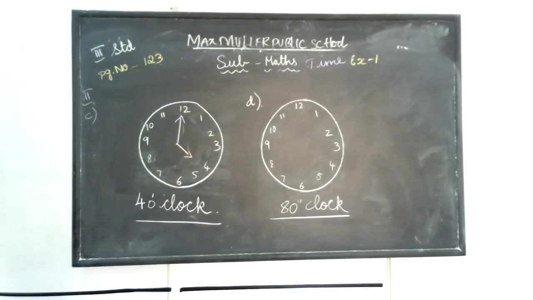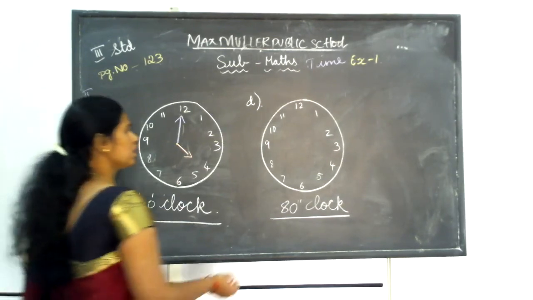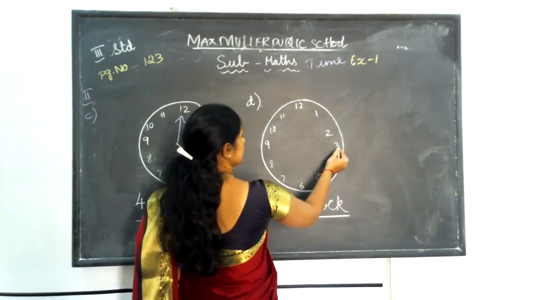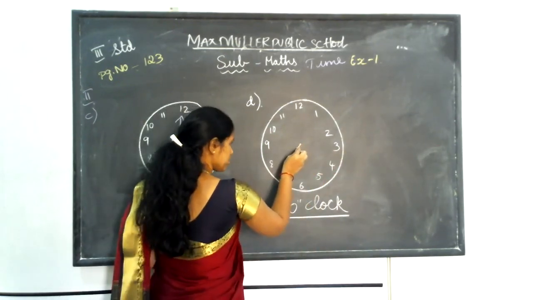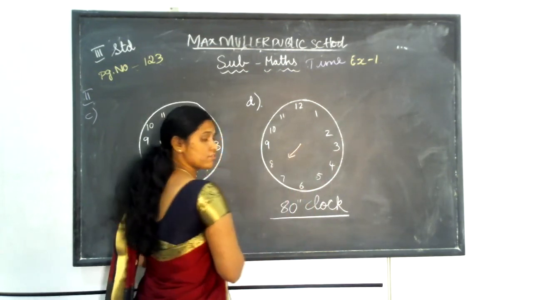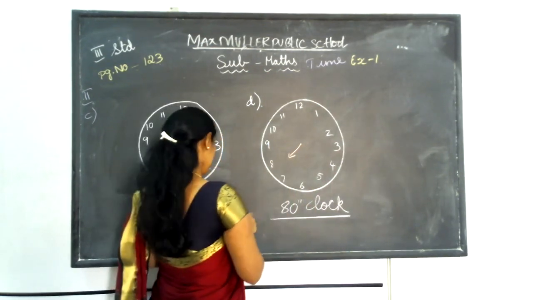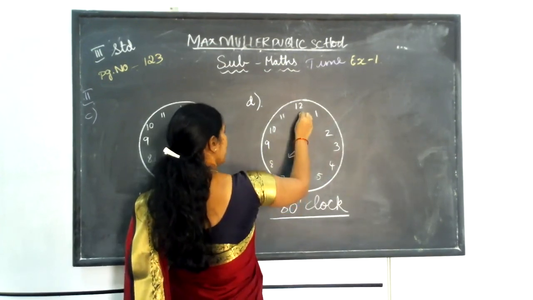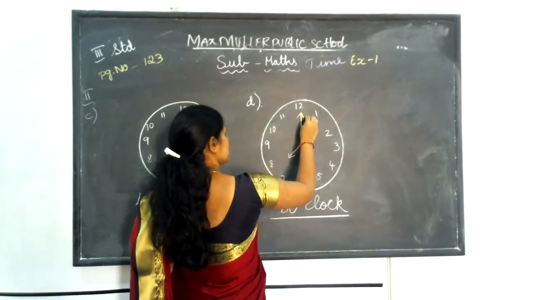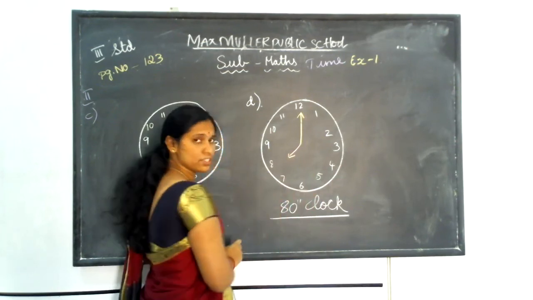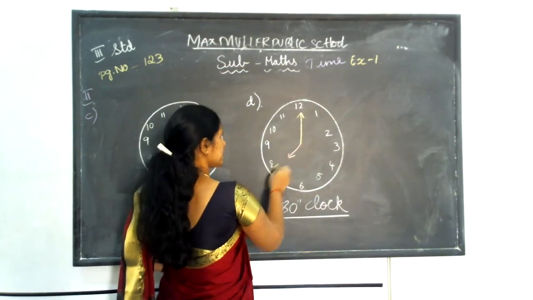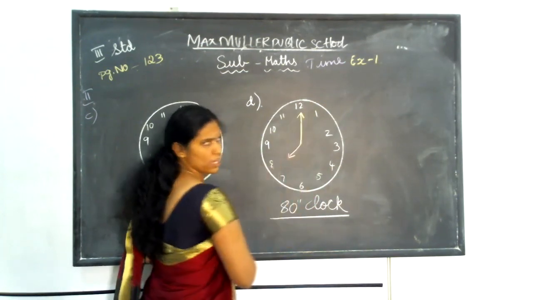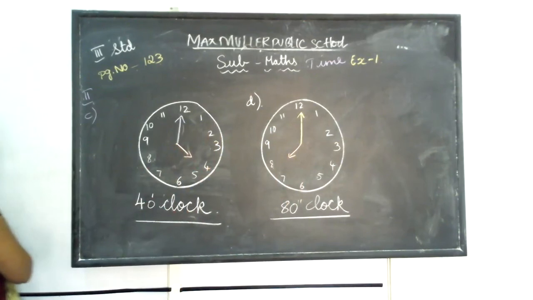Now D. So 8 o'clock they have given. So in between 9 and 3, put a point. Where is 8? Which hand do you have to draw? Short hand. For 12, you have to draw the long hand. So it is 8 o'clock. Understood all of you how to draw? The short hand should indicate 8. The long hand should indicate 12. Copy done fast.